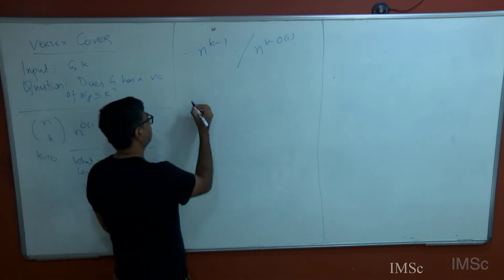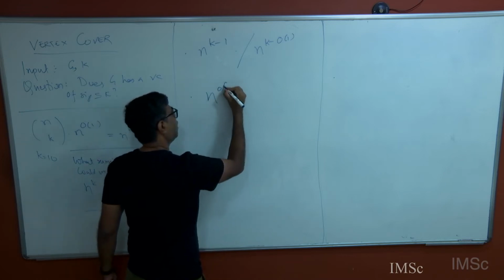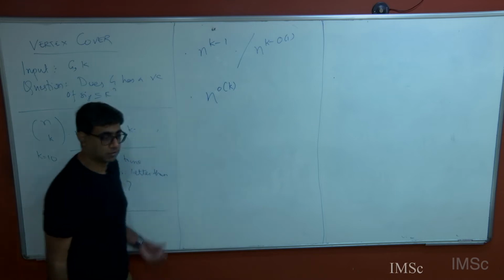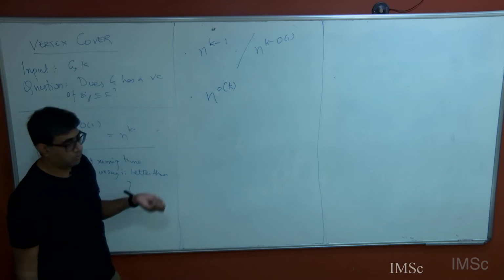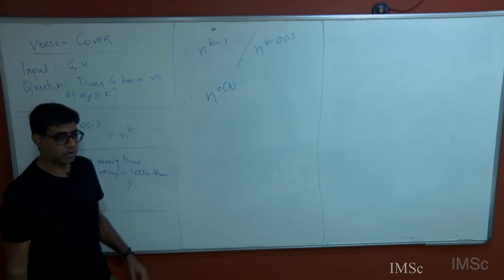Another kind of algorithm we could try, maybe not this, is n to the power little o of k. This is definitely an improvement, because what is little o of k? Can you tell me a couple of running times which I can say are n to the power little o of k?